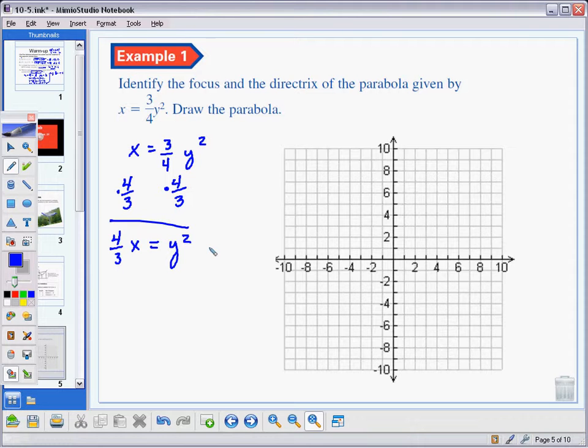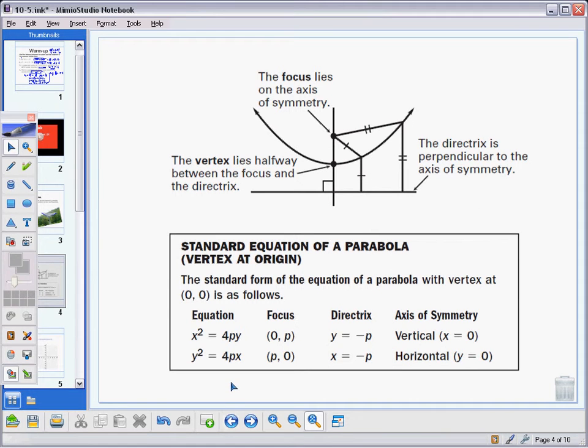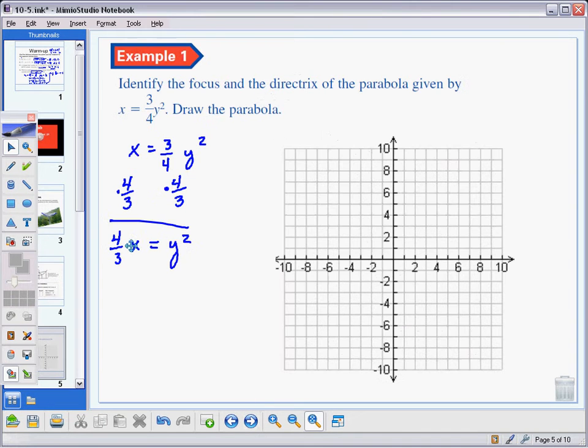The next thing we want to notice is that all of those equations on the previous slide always had it as 4p times y, or 4p times x. So I want to rewrite this as 4 times something times x. That something will be our p-value.